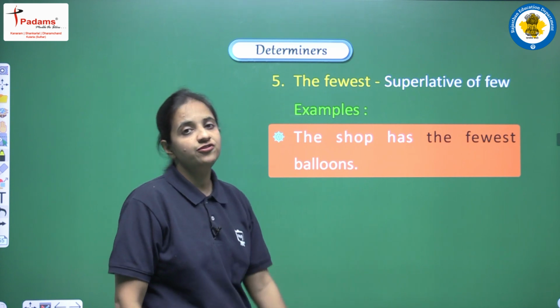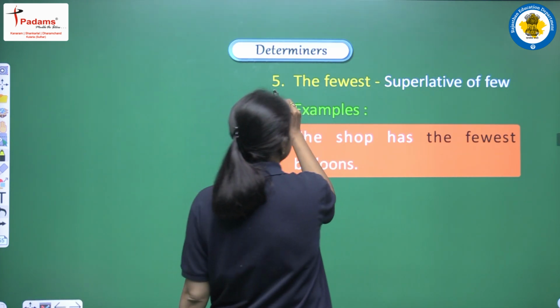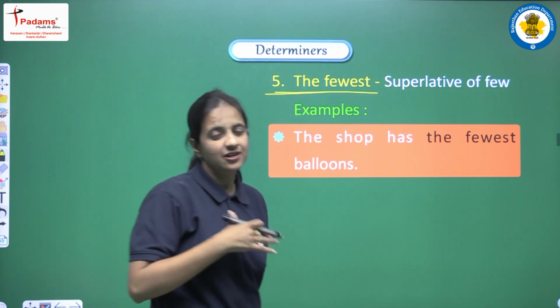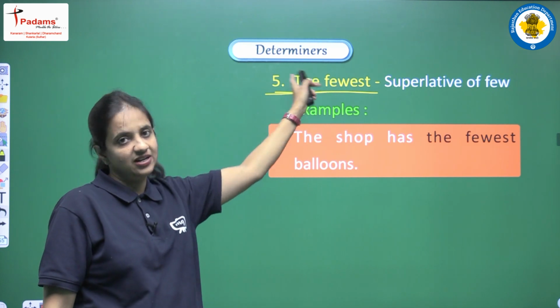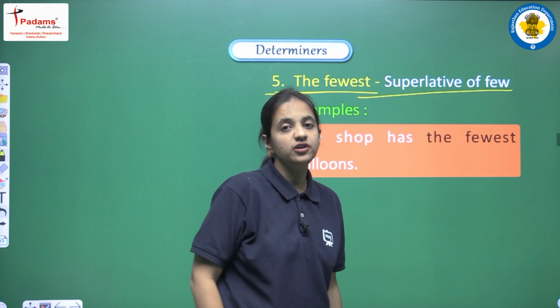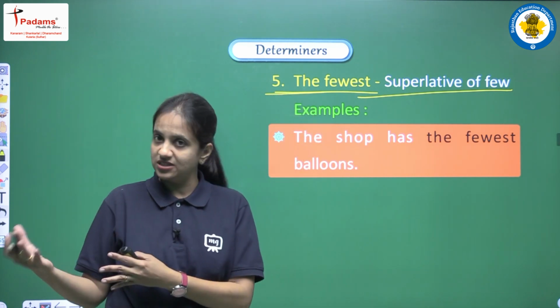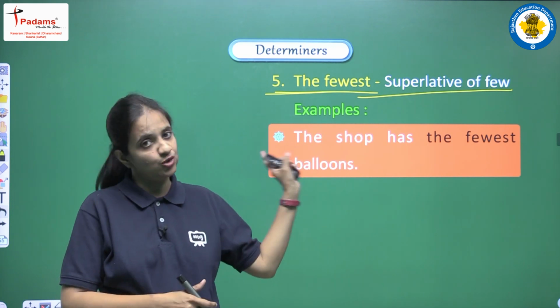Next determiner of this group that we are having is the fewest, and this is the last determiner of this group of few. So yes, this is the superlative form of few, okay. Few is the positive form, fewer is the comparative form, and fewest is the superlative form.